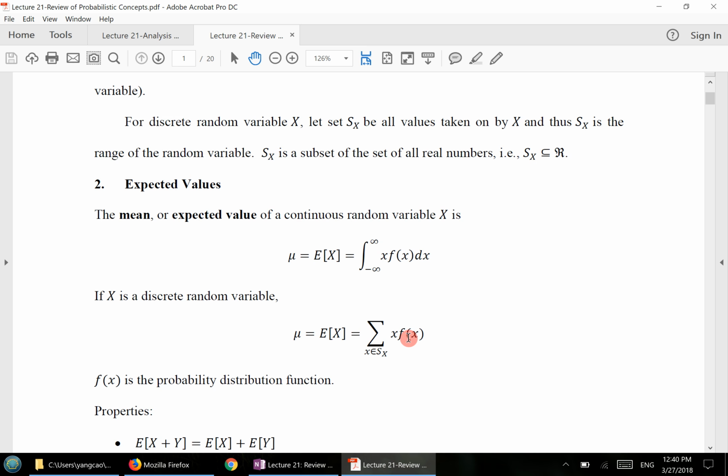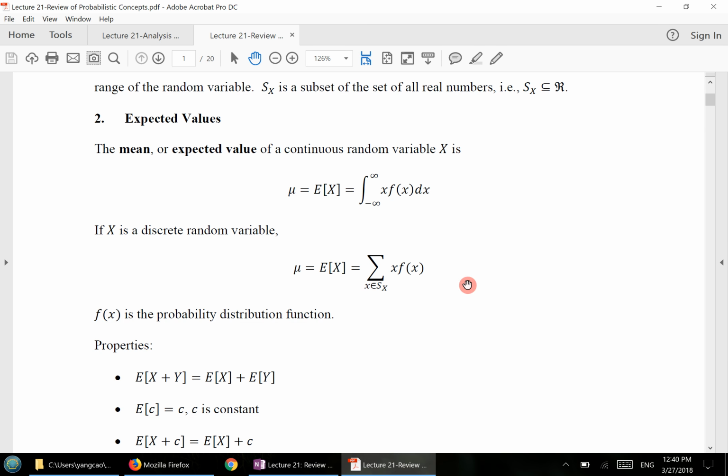In our particular case, later when we do the Kalman filter design, we're dealing with a discrete random variable because we're talking about a discrete state space model. So that's the definition of mean value or expected value. We're not going to dive too much into all the concepts here.